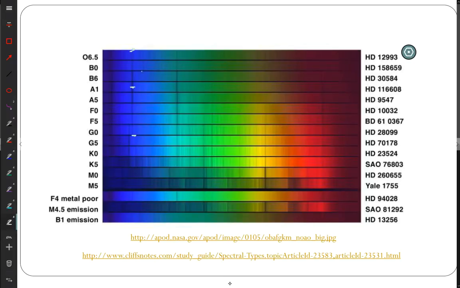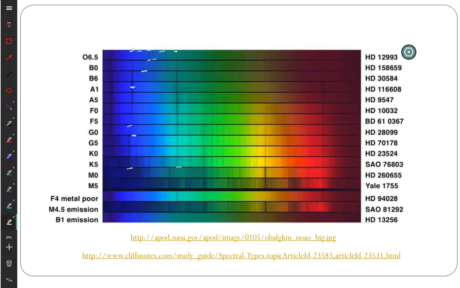There's another one that only goes down to there, another one here, another one there, another one here that goes from there to there. There's one here, goes from there to there. These spectral lines appear at different temperatures.